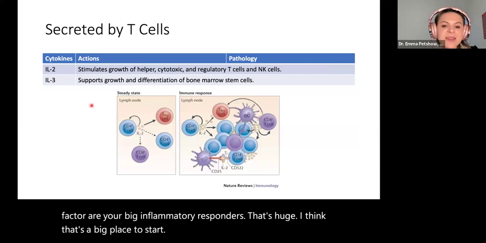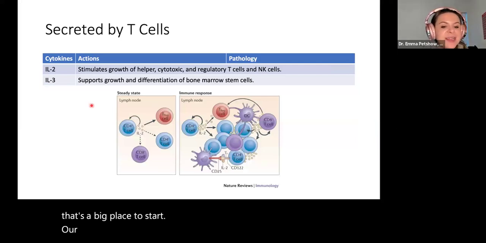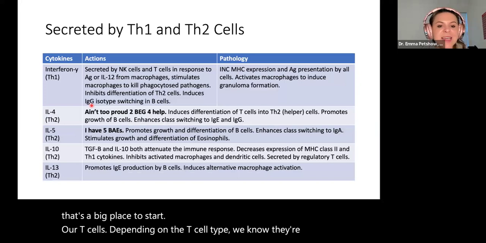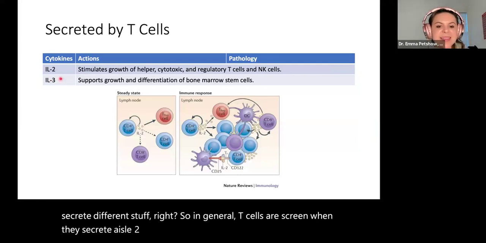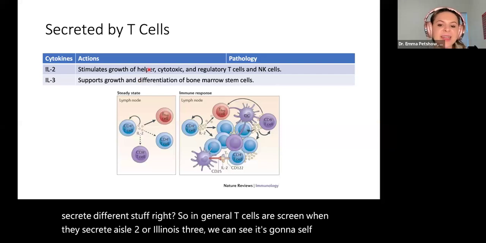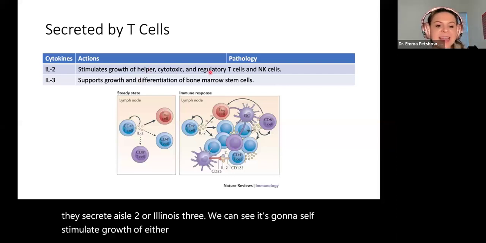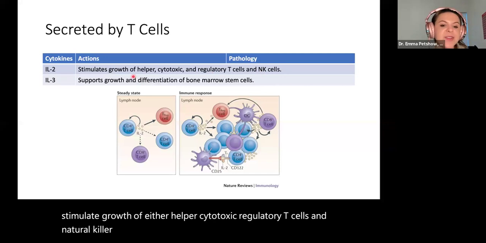Our T cells, depending on the T cell type, we know they're going to secrete different stuff, right? So in general, when T cells secrete IL-2 or IL-3, we can see it's going to self-stimulate growth of either helper, cytotoxic, regulatory T cells, and natural killer cells, or support growth and differentiation of bone marrow stem cells.